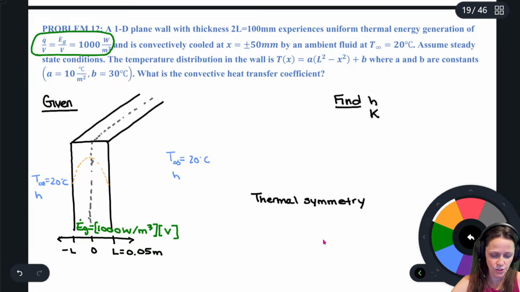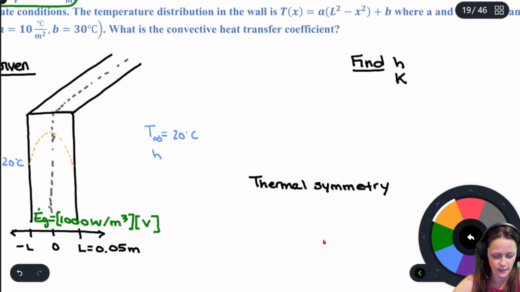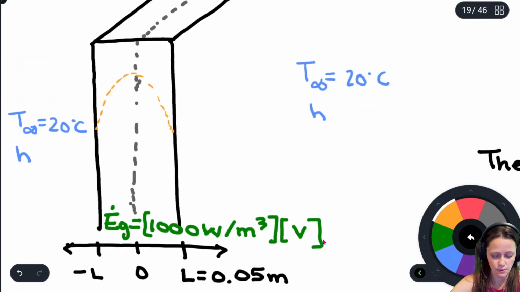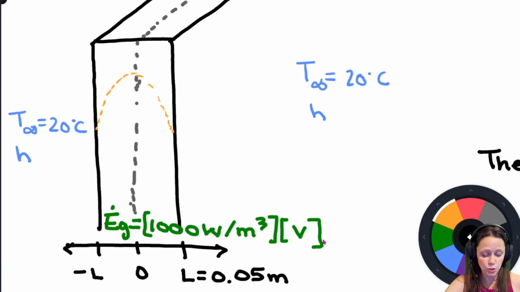Just trying to help us visualize it. So I'm going to zoom in on it so we can actually see it. I've got that temperature distribution drawn with a little yellow dotted line there. So the temperature is highest in the middle. Makes sense because we've got volumetric heat generation going on, keeping the temperature high at x equals 0, but you've got cooling on the sides pulling that temperature down.